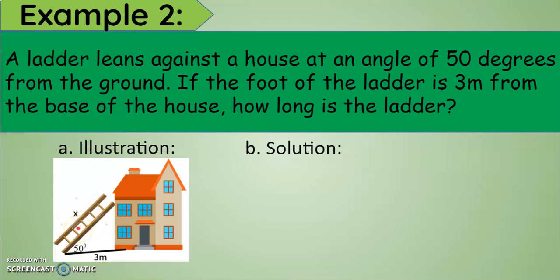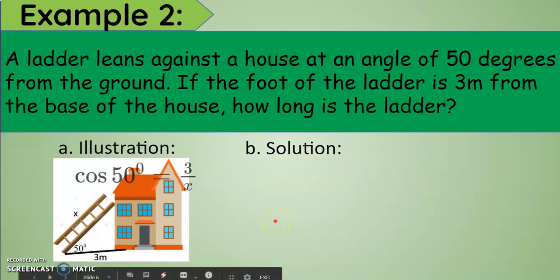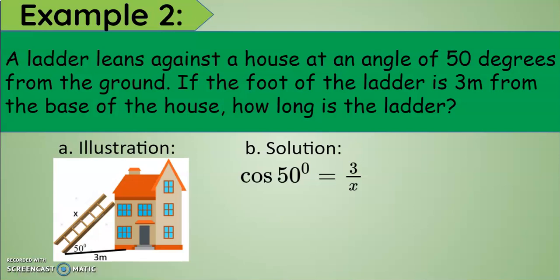So for our solution, this is now your reference angle, 50 degrees. The given is the adjacent side, and the hypotenuse. It's because your house is forming 90 degrees. Always remember that your house forms 90 degrees. So that will be now cosine 50 degrees is equal to 3 over x.